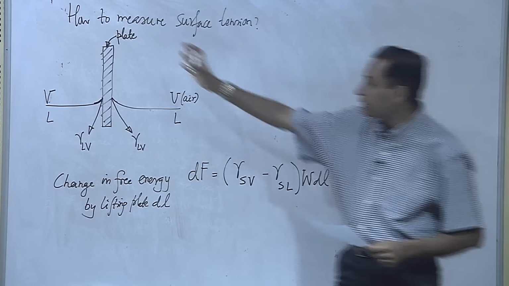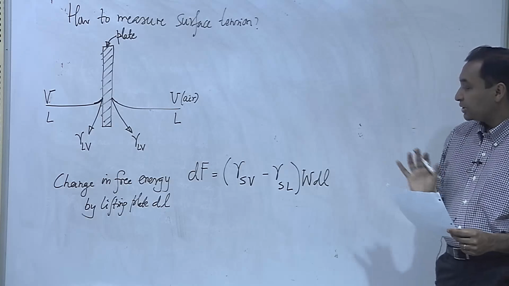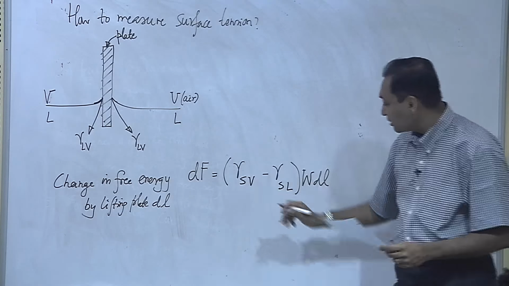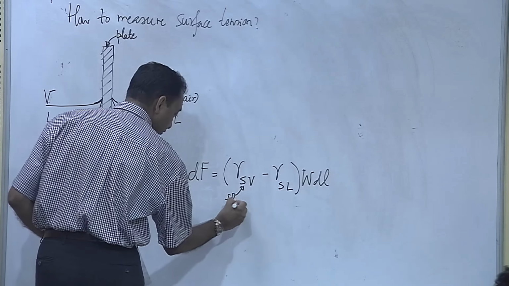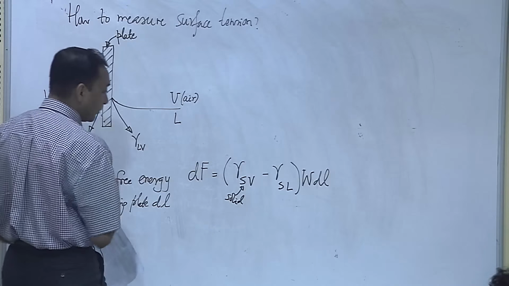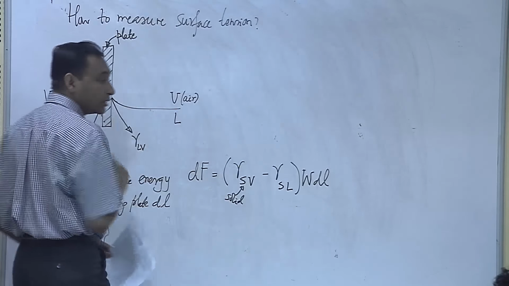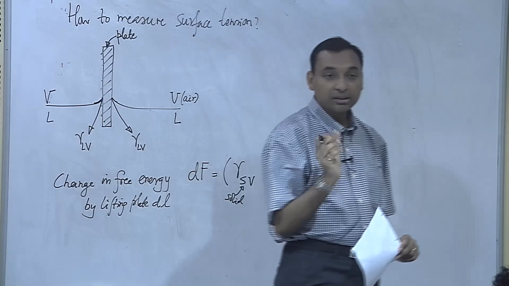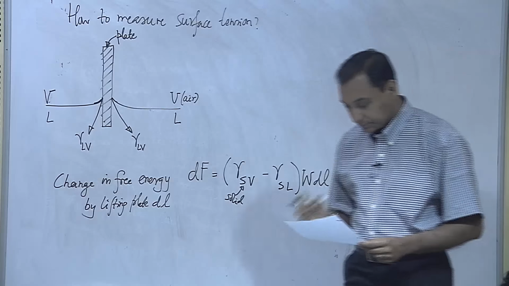The width W is into the board. Okay. So, this is my change in the solid vapor. S referred to the solid. So, this is the plate, this is the solid vapor. I have created a solid vapor and I have lost the solid liquid, because now no longer is that solid liquid in contact. So that's the dry part, so I've lost that. Okay.